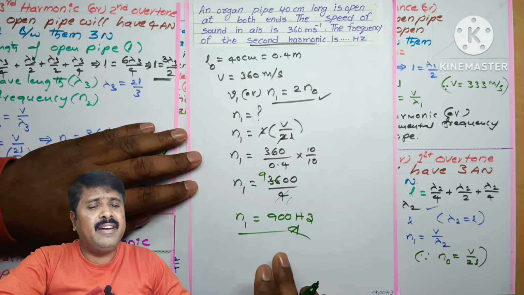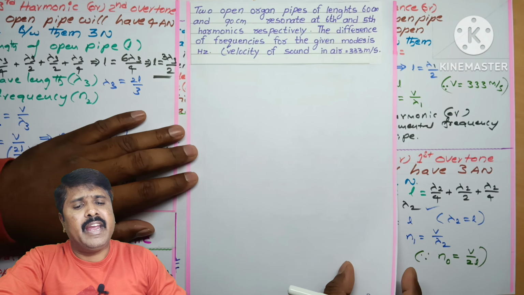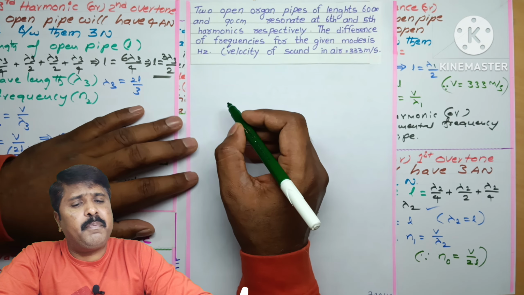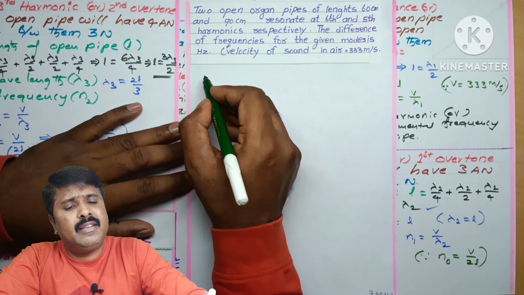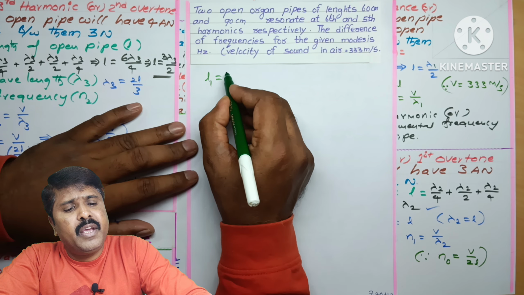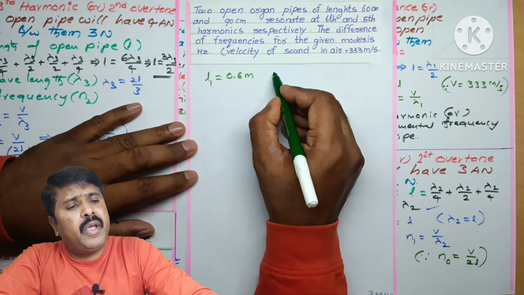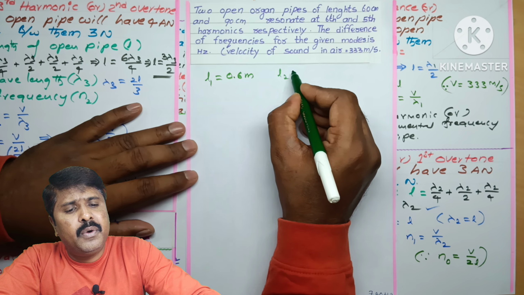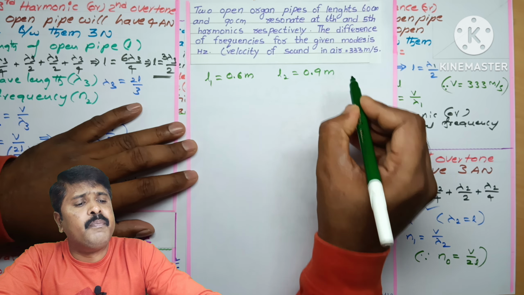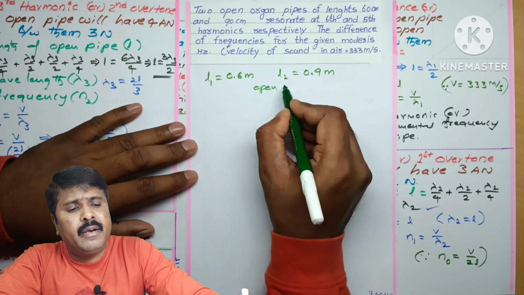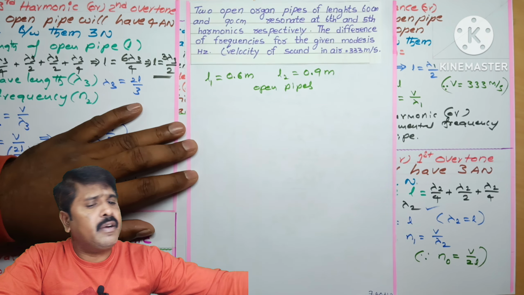Okay student, and continuation, the second question is there. See student, for the second one also, two open organ pipes of length L1 equal to 60 centimeter, that is 0.6 meter, and L2 equal to 90 centimeter, that is 0.9 meter. So both are open pipes. Okay student, and both are in resonance.